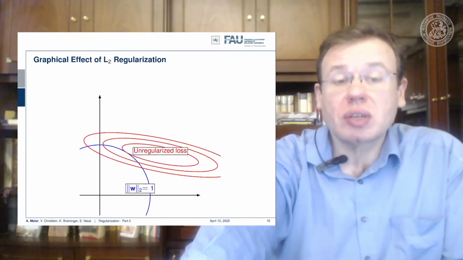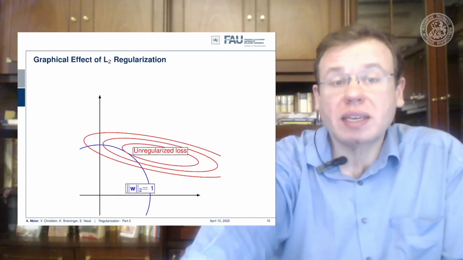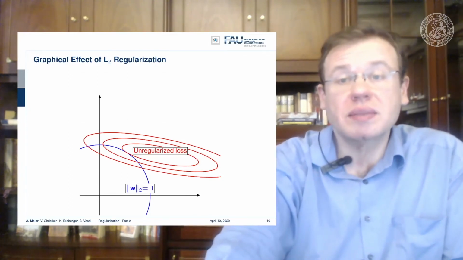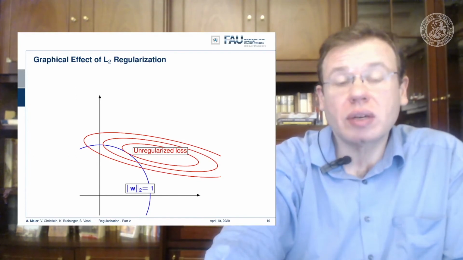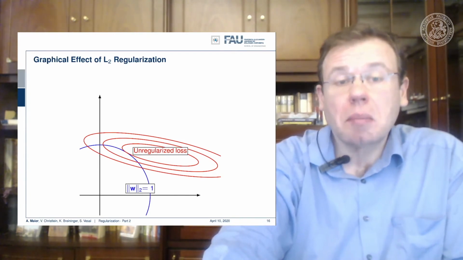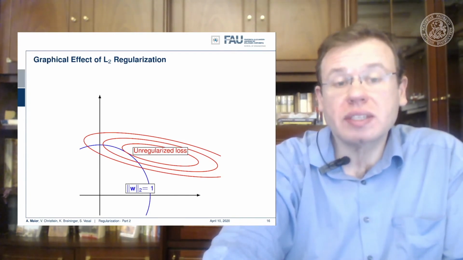Here we have a visualization of the effect of different regularizers. For example, the unregularized loss would of course result in the center of the ellipses in red. But now you do the additional regularization, which enforces your W to be small, which means that the farther you are away from the origin, the higher your L2 loss will be.